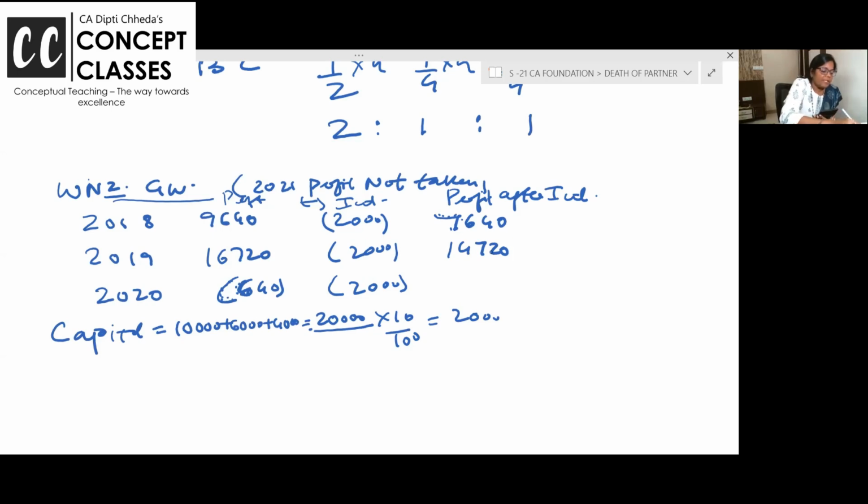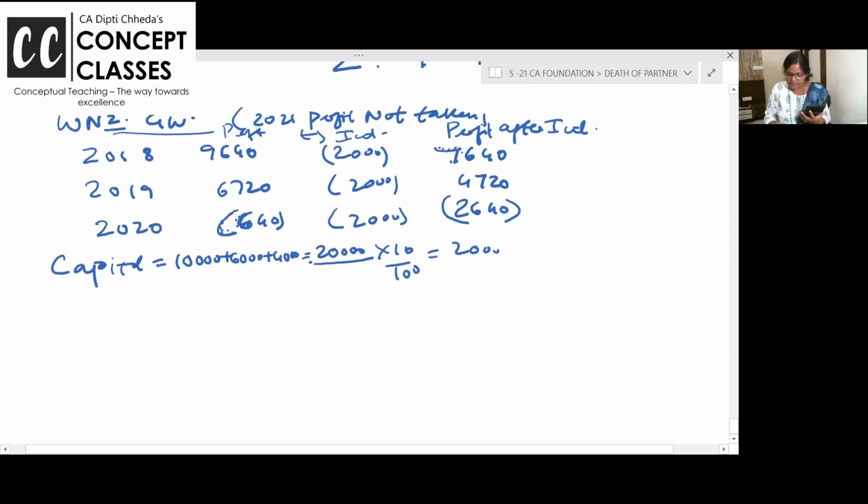Sorry for all the printing mistakes. This is 16 नहीं है, 6720 है, and this is 4720 है, ठीक है. And loss will increase. 2640 loss will increase.